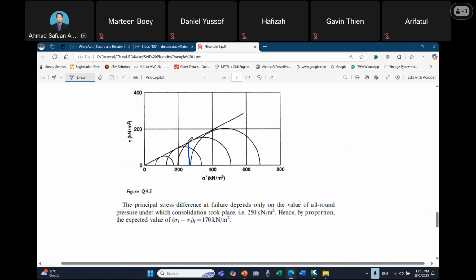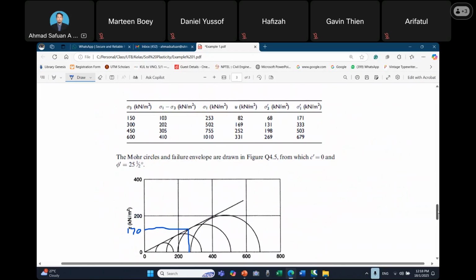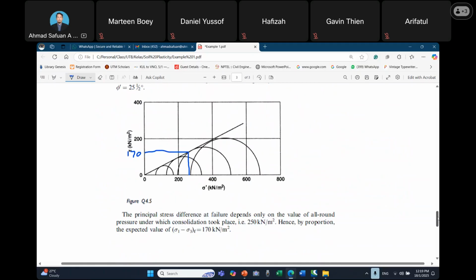Approximately the value is 170. The principal stress difference at failure depends only on the value of the all-round pressure at which consolidation takes place, approximately 250. By proportion, the expected value is 170.